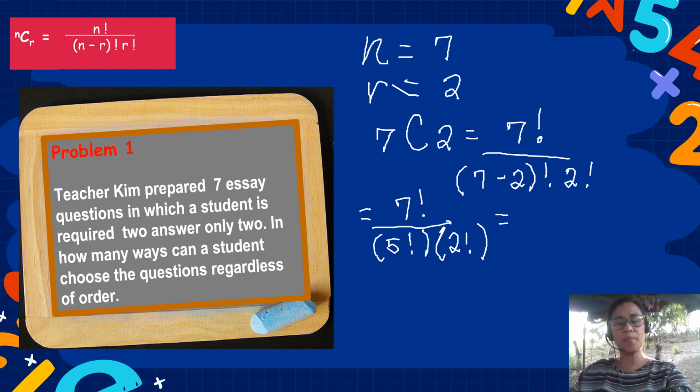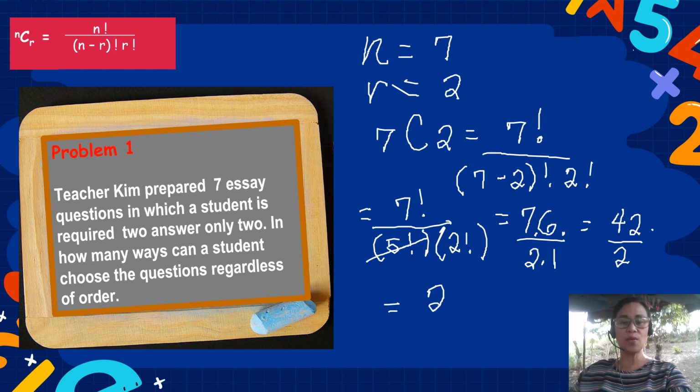On the top part, what's left will be 7 times 6, because 5, 4, 3, 2, 1 will be cancelled because of 5 factorial, all over 2 times 1, or the 2 factorial here. So we have 42 divided by 2. So there are 21 possible options that a student can choose to answer.